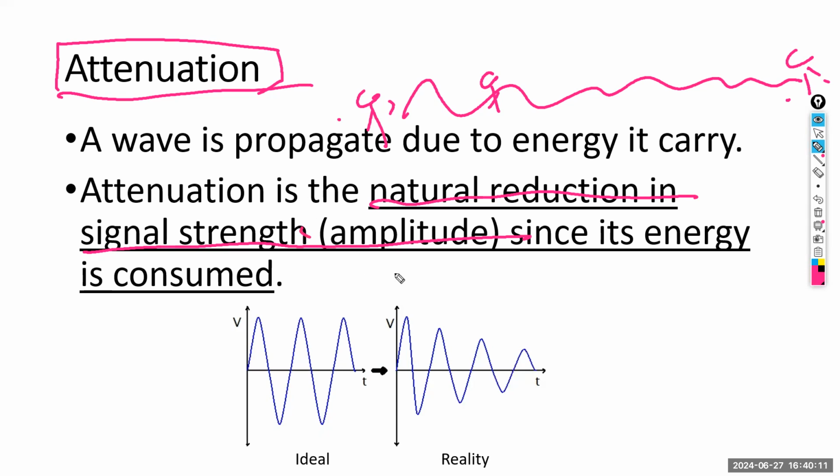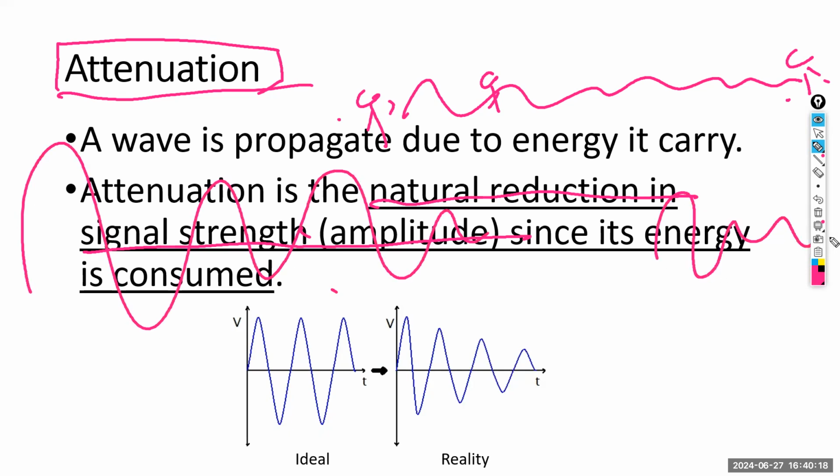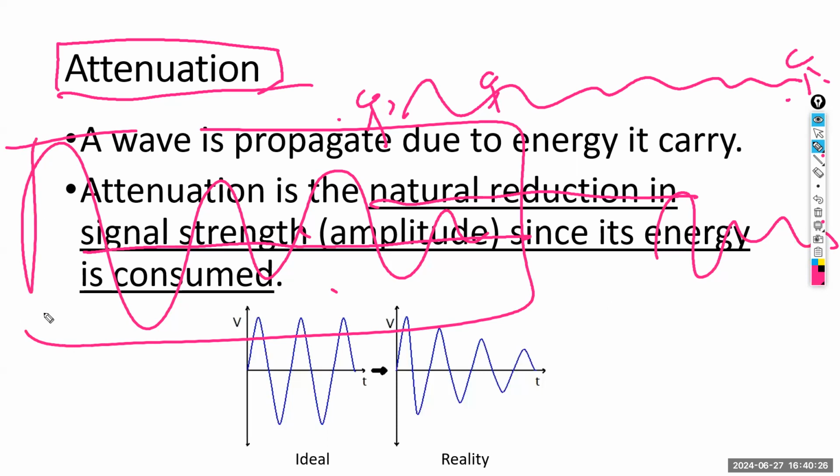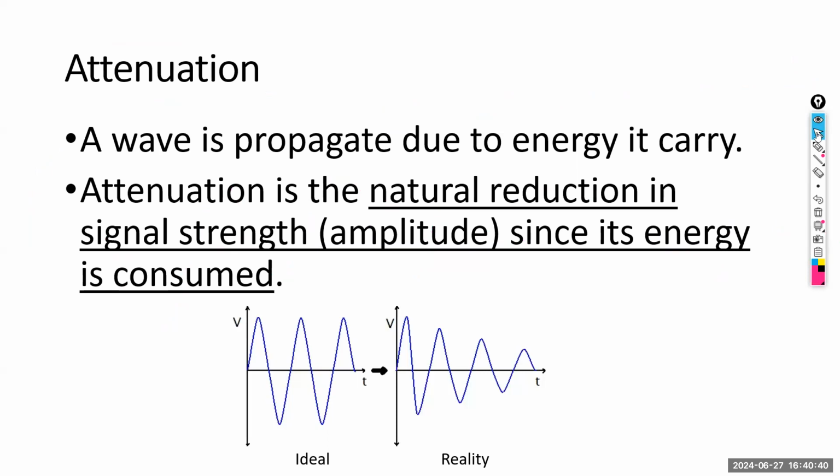So the booster says: this is my original signal, this is my new signal, now the strength has decreased everywhere, so it will boost it again to this kind of level. So boosters, repeaters. We need those devices because of attenuation and other phenomena, but mainly due to attenuation. Okay, natural reduction in the strength of our waves.